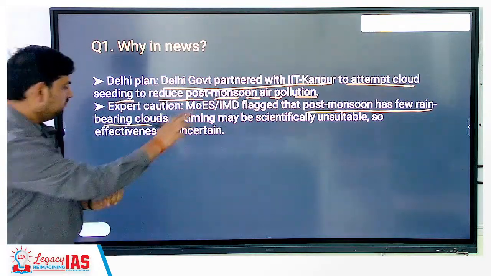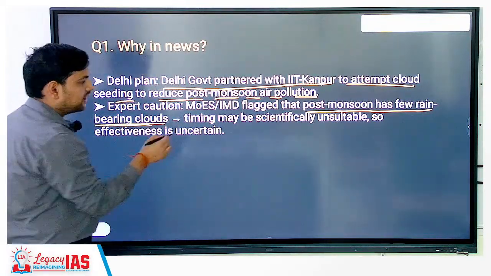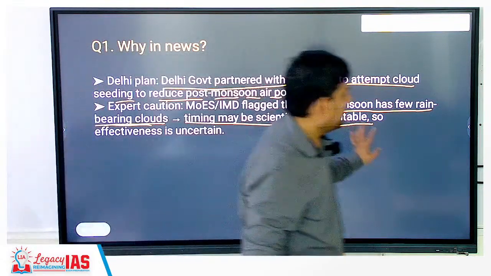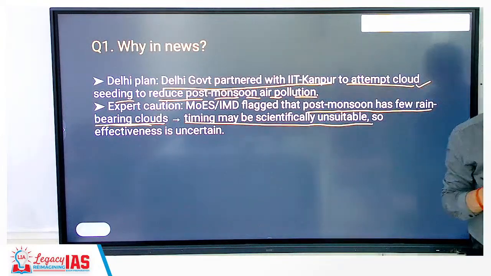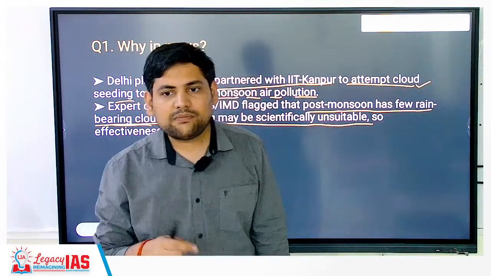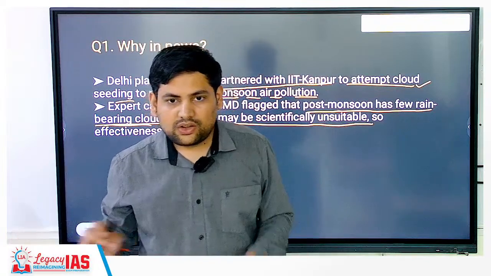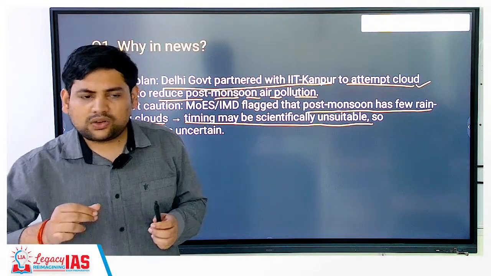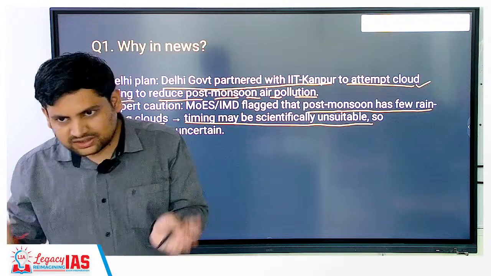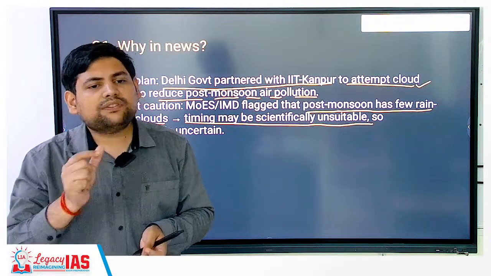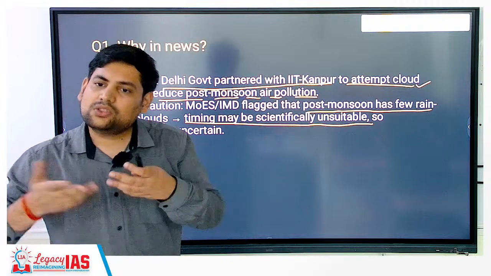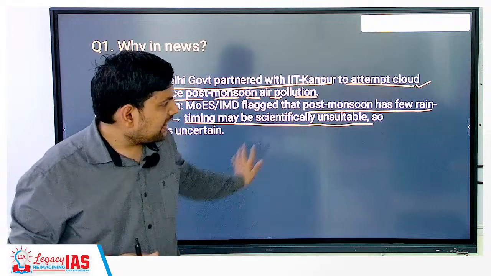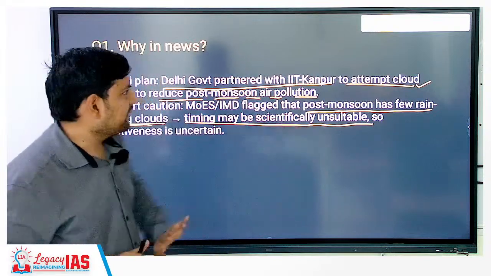So if they are not rain bearing clouds, then it will be scientifically unsuitable to conduct cloud seeding. As I told you, this is not a phenomenon that can make rain at any place. Only where there are clouds but not enough rain bearing clouds, then it can help. So there are water droplets but not in enough quantity, then this can help. But if there is no rain bearing cloud, then it cannot help, it cannot make water, correct? So that is why they are saying that it won't work that well.